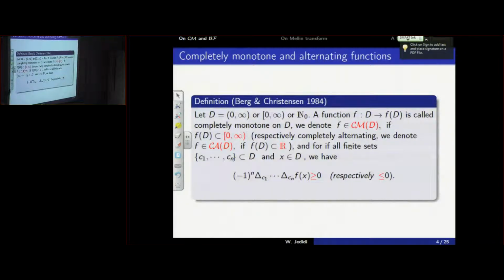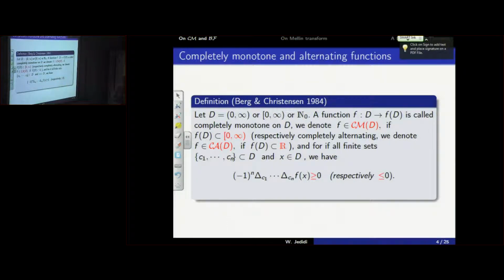From now on, we focus on the class of what we call completely monotone functions. F will be either a function or a sequence. The domain D, in order to fix the ideas, will be either 0 to infinity or the set of integers. We say that f is completely monotone, this is the basic definition, if you apply the difference operator n times and multiply it by (-1) to the power n, you recover a positive function.